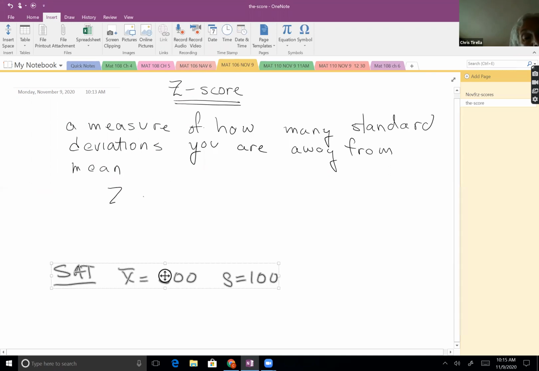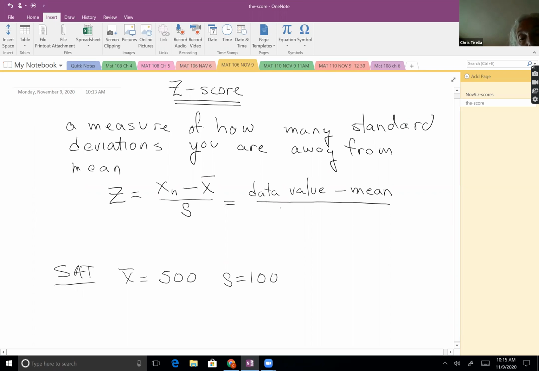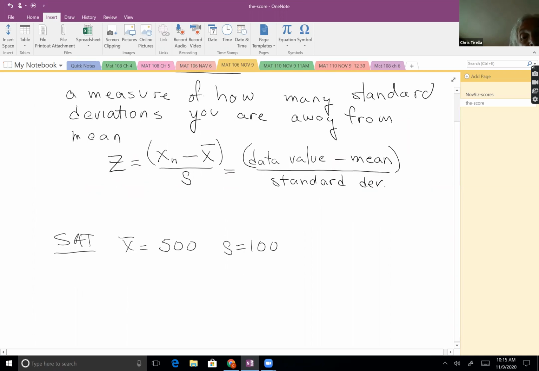The z-score is equal to the data value minus the mean, divided by the standard deviation. And again, if you're doing this on a calculator, remember that if I'm doing that in one fell swoop, you do parentheses around that numerator.